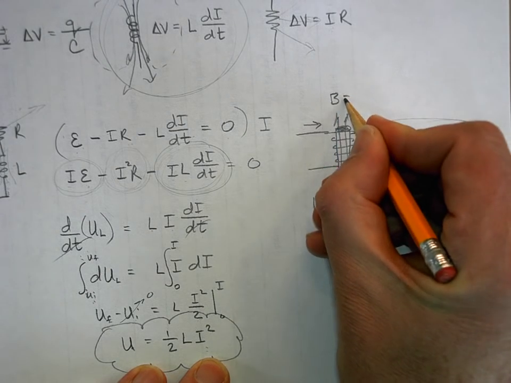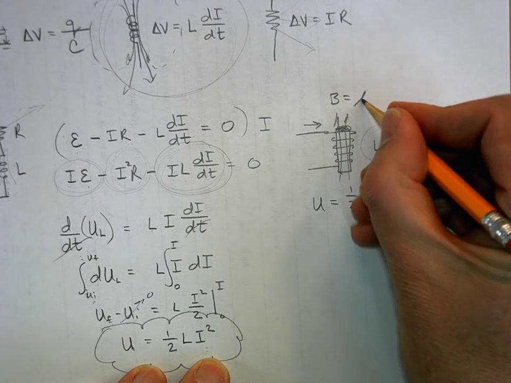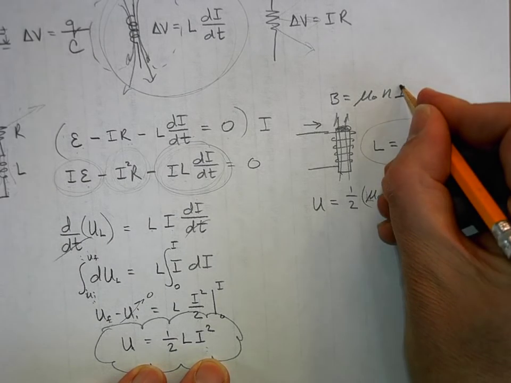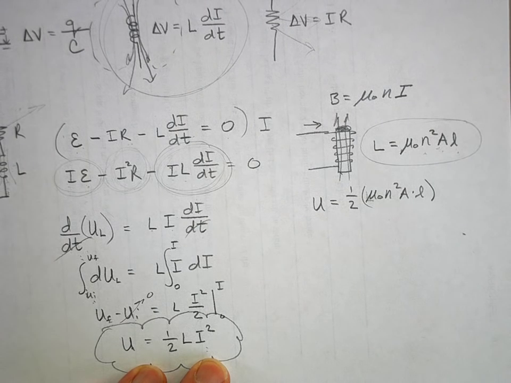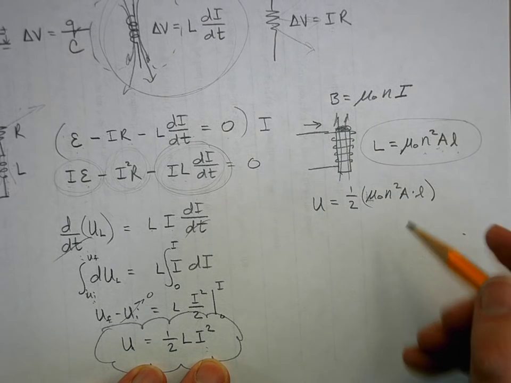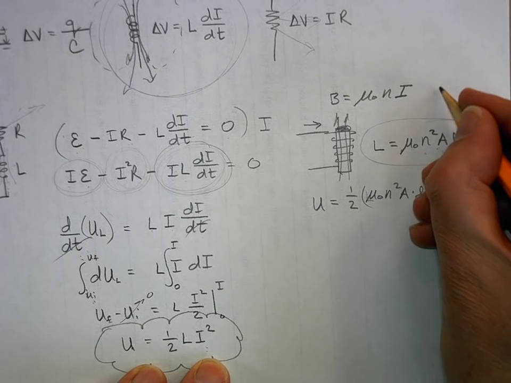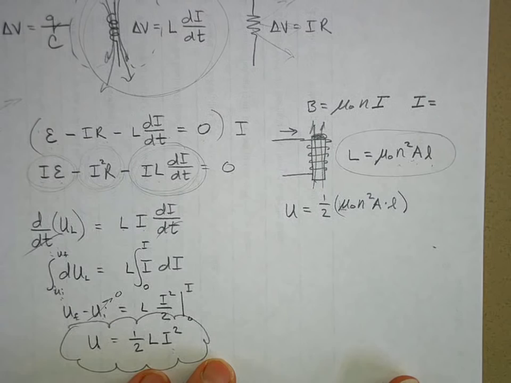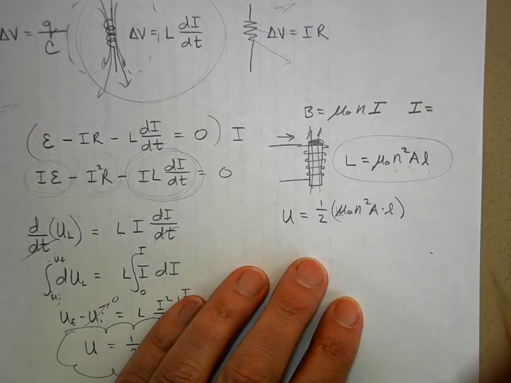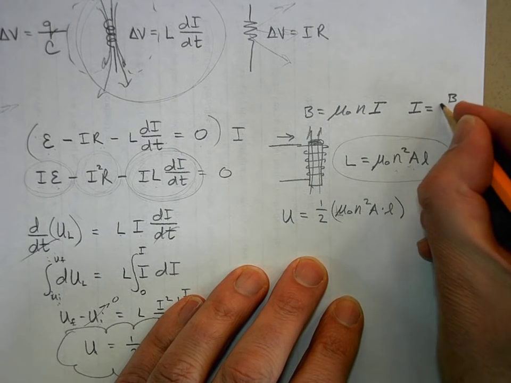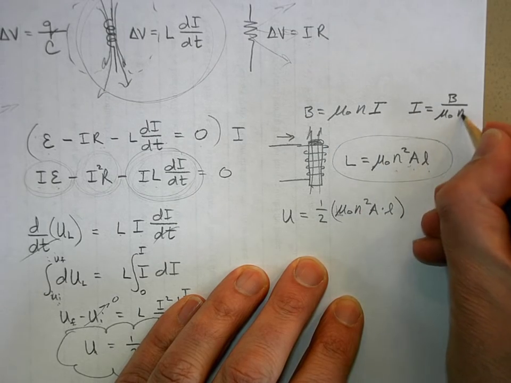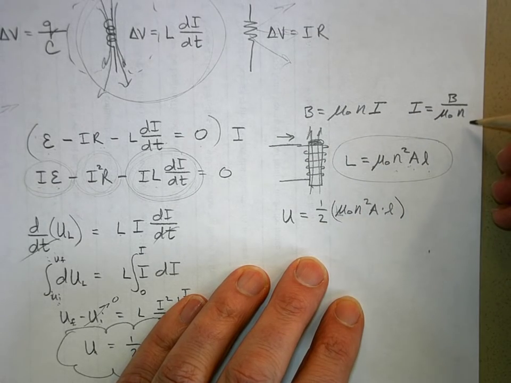Remember we said that B inside is equal to mu naught N times I. Well, what I can do now is solve for I. I is equal to B over mu naught times the number of turns per unit length.